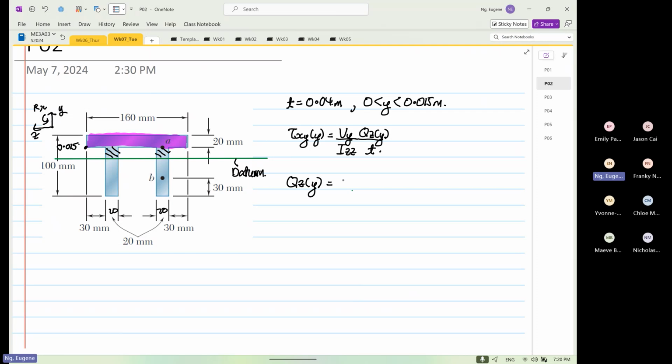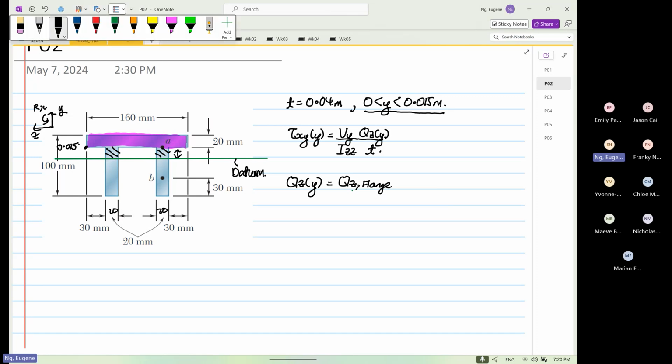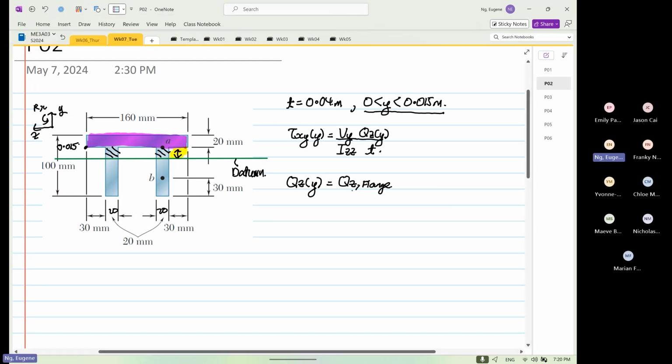So for this case, we have to do Qz for the flange. So the flange will be constant, okay? The flange is constant because this limit is within this range over here, where I'm highlighting my arrow in yellow, okay, within that range.